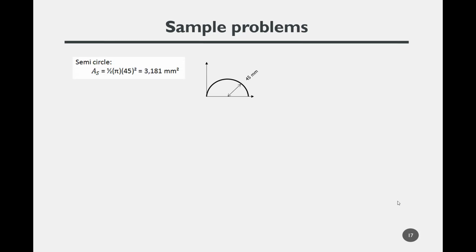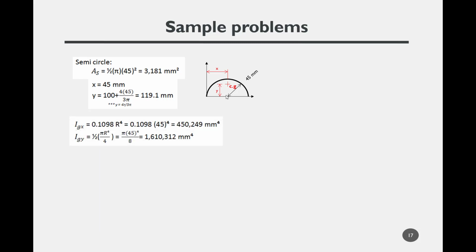Ayan. So, kinuha natin ang semicircle. So, we have 1/2 pi r squared. Kalahati lang kasi alam natin 45 yung kanyang radius. Center of gravity, so 45, and then 100 plus 4r over 3 pi. So for the formula, we have 119.1.